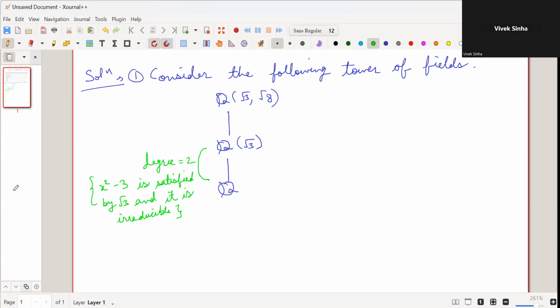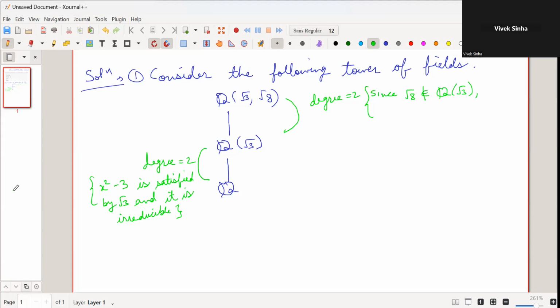Similarly, here you can see that the degree is 2, since root 8 is not inside Q root 3.